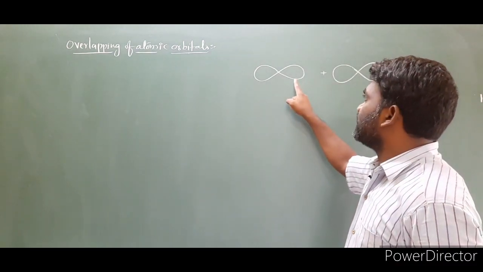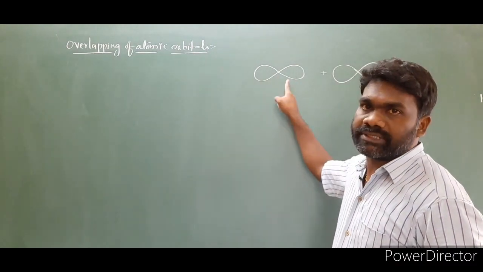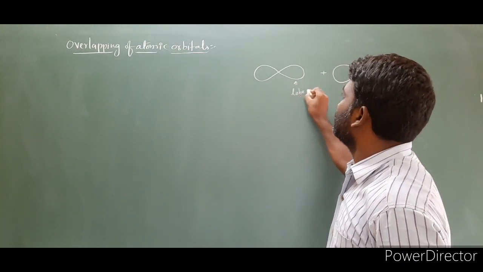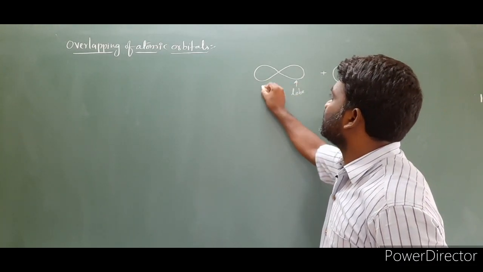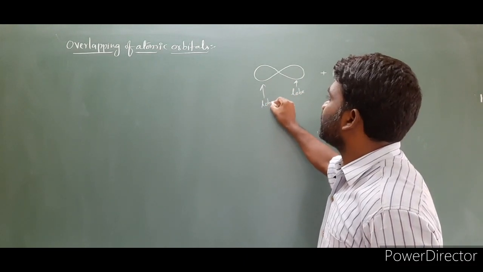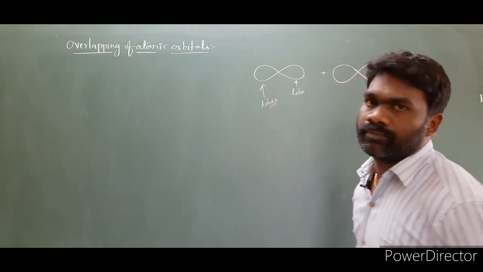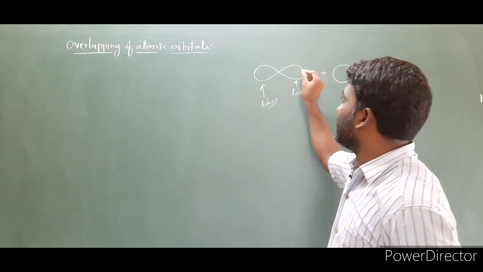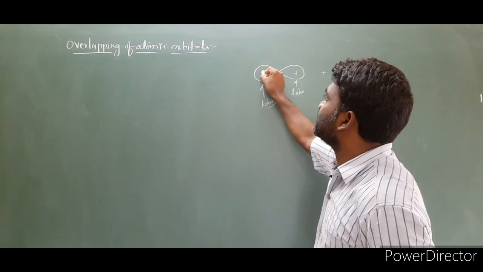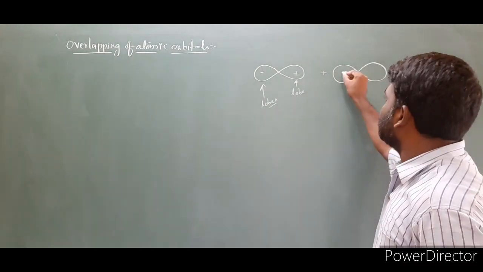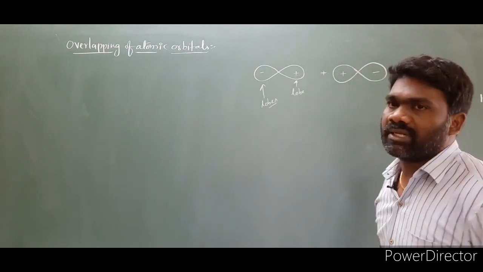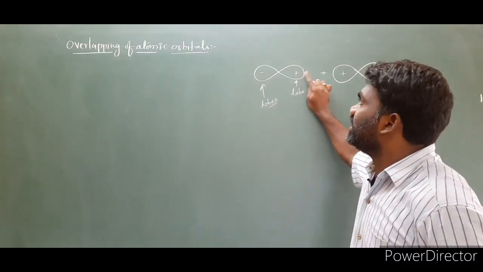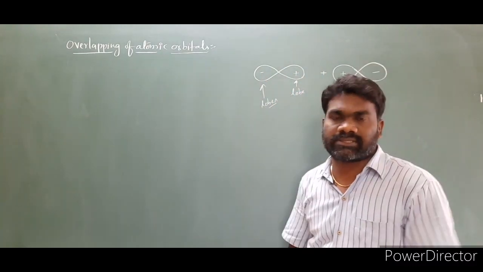An important point is that each p orbital has two sections, and these sections are called lobes. We can assign two signs to them: one is positive and the other is negative.